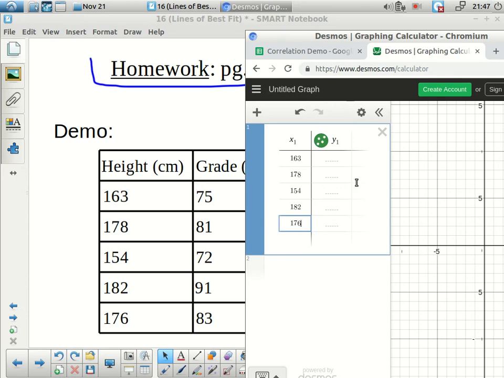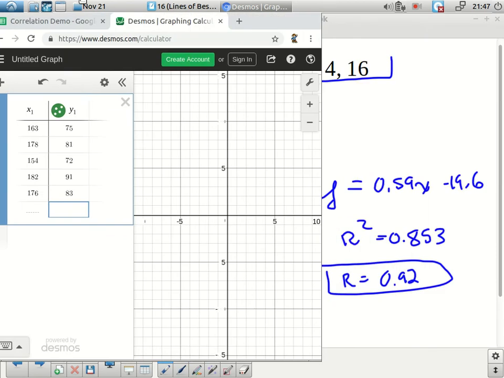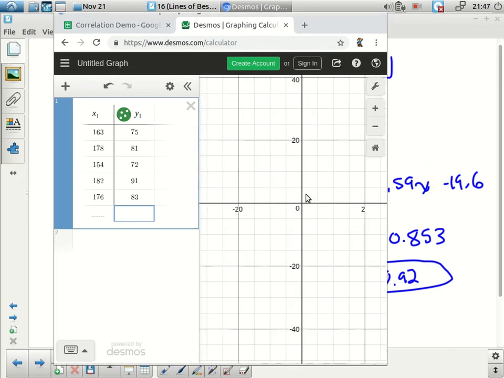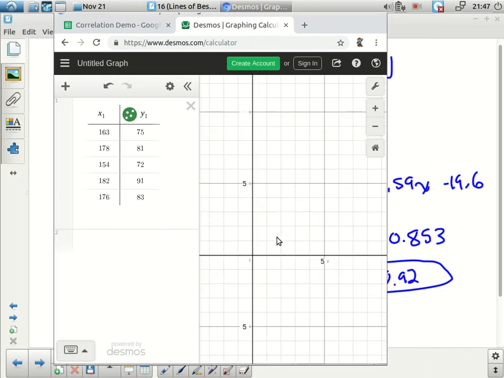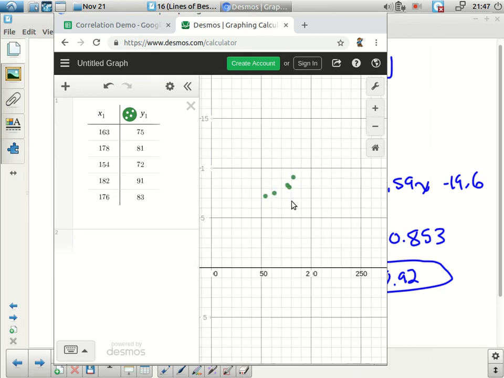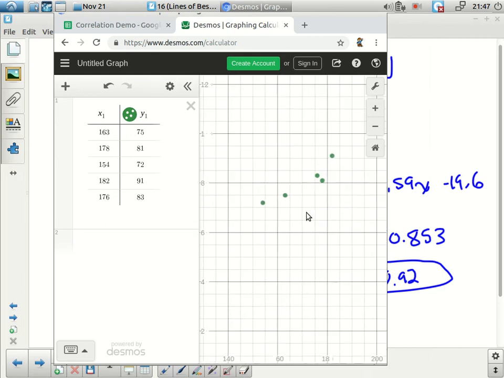Okay, and then for y, I'll put in those numbers. Okay. Now, these numbers are all pretty big, so to see my points, I'm going to need to zoom out a whole lot. There they are. They're over there. Okay, so there are my points.